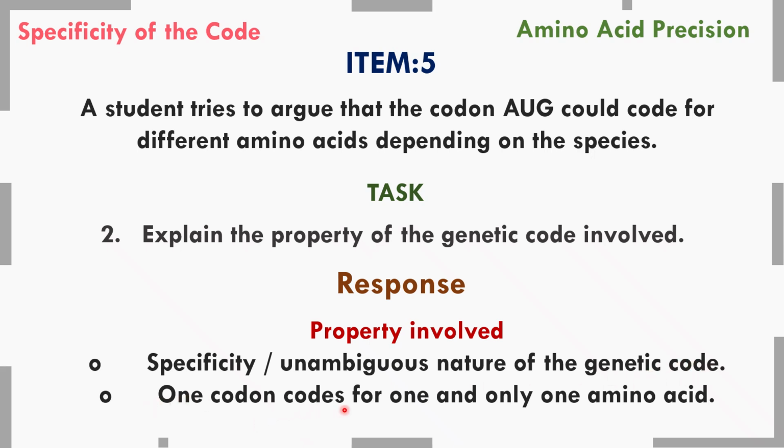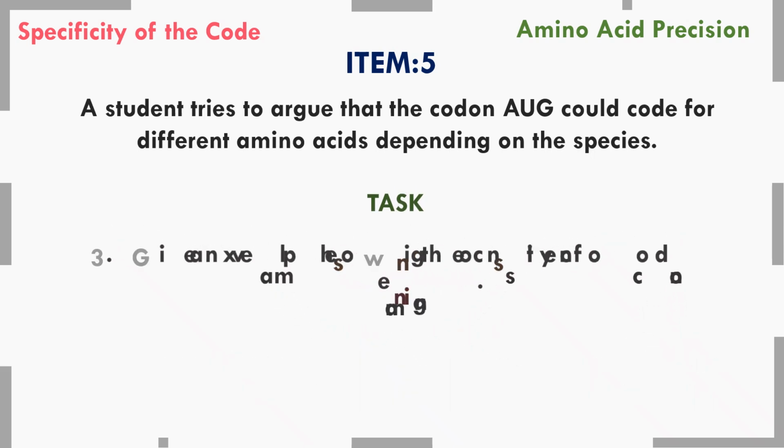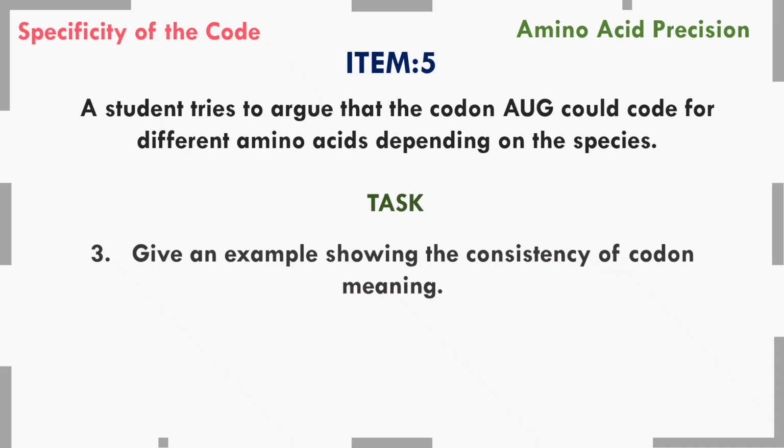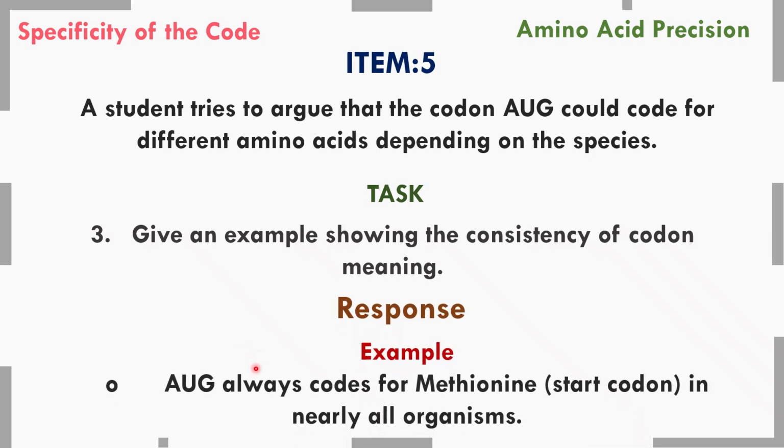One codon codes for one and only one amino acid. Give an example showing the consistency of codon meaning. Example: AUG always codes for methionine, a start codon in nearly all organisms.